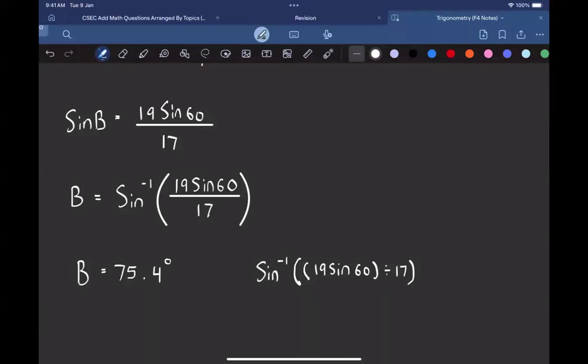You get 75 point. Then I get the sine inverse: open bracket, 19 sine 60, close bracket, divide by 17, close bracket, equals. Error. Okay, 75.4, sorry.